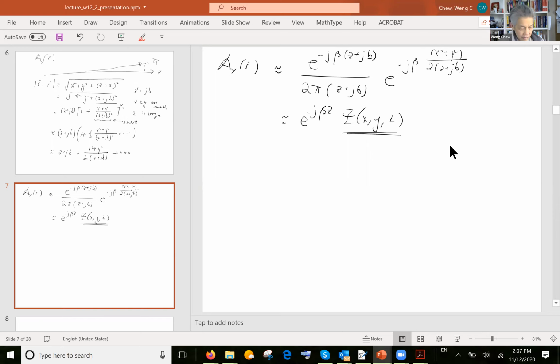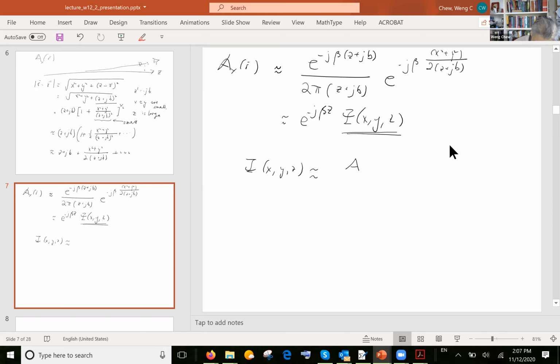And very little physics. But let me just write it down in full for you, just in case you might be interested in this. If I write this down in full, then what I find is that psi xyz should be something of this form.